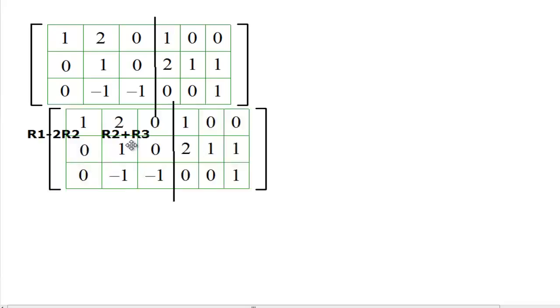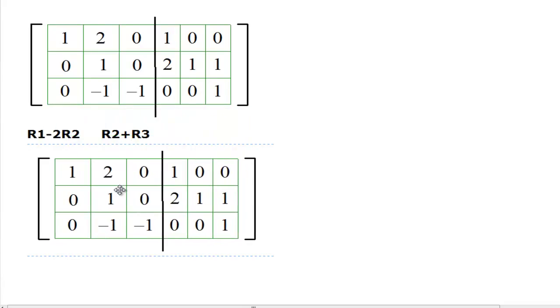So when we do that, what do we get here? See, 2, -2 times R2, so that will be -2. So 2 minus 2 would be 0, exactly as we desired, right? Now 0 minus 2 times 0 would be 0. Now 1 minus 2 times 2 would be how much?